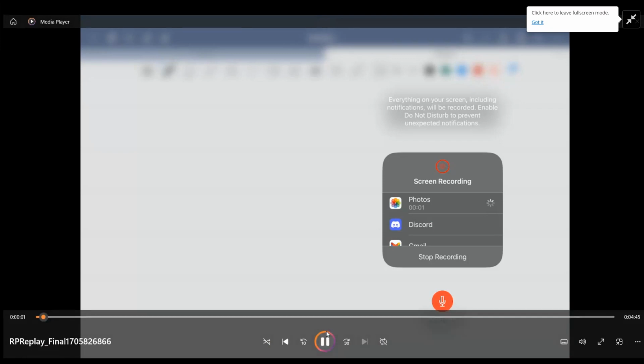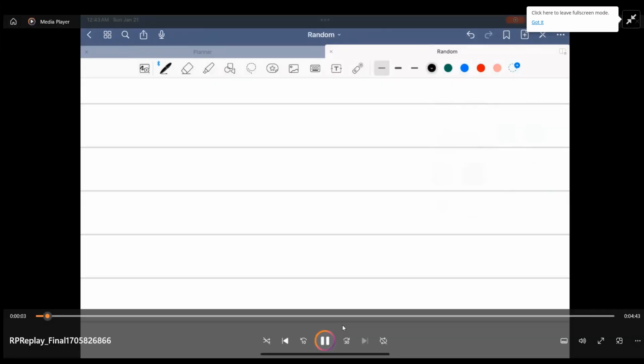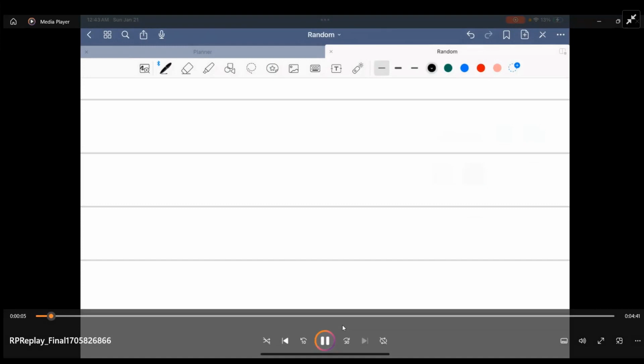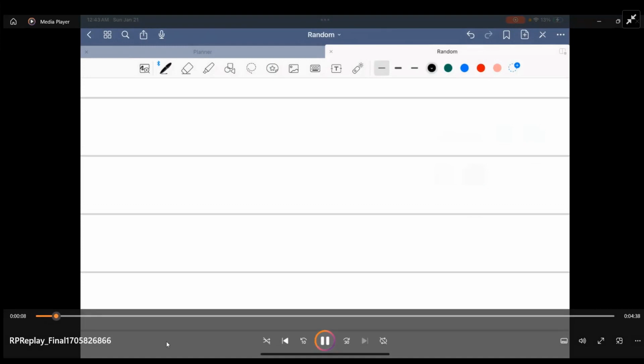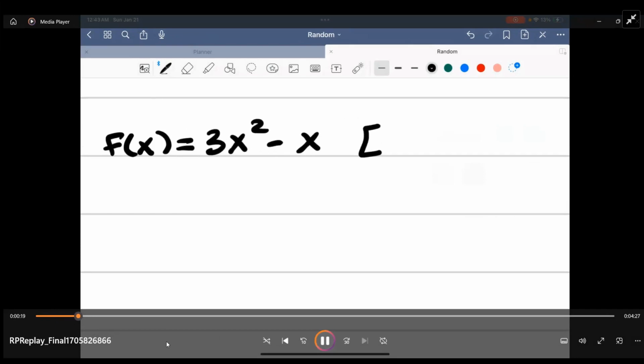And then press play. Okay, hi, I'm Isabelle and I'm going to try my best to answer this question. So you need to find the mean value of this function over the interval from 1 to 2.